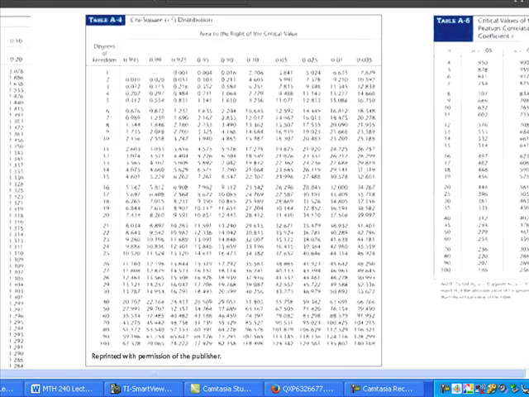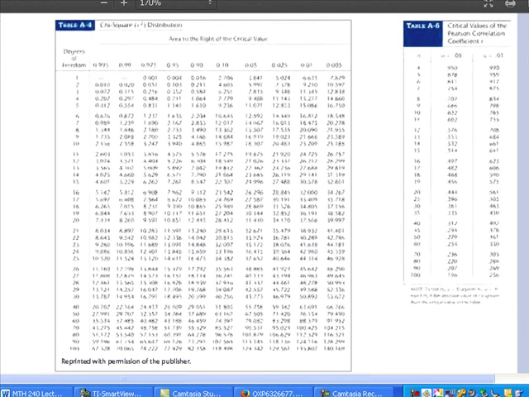We go to 5. There were 5 ordered pairs, and we see 0.878, I believe is what it says. So I'm going to go back to my lecture notes. The table value is 0.878 for alpha equal to 0.05.